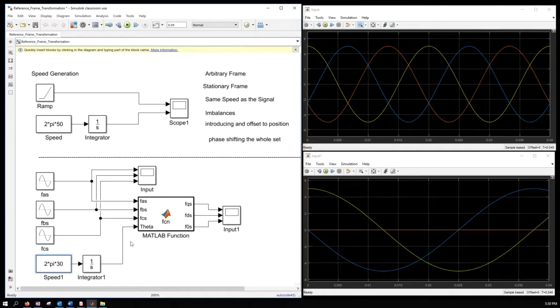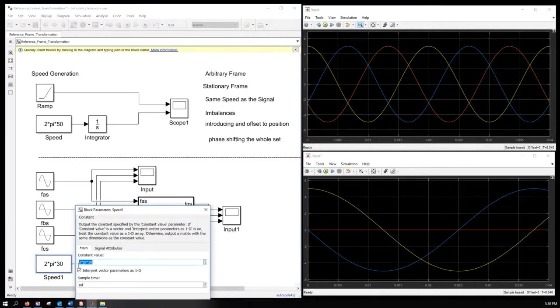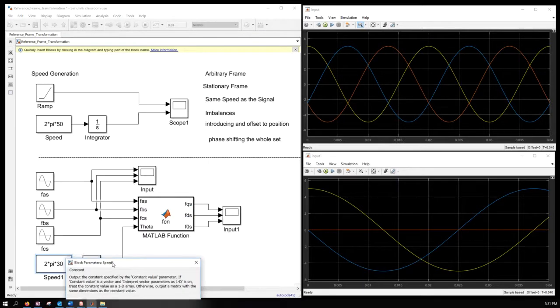Okay, so now let's try actually to go to the stationary frame. Stationary frame is what? What is the frequency of the stationary frame? Can you guys tell me? So when we say stationary frame, what's the velocity on the stationary frame?